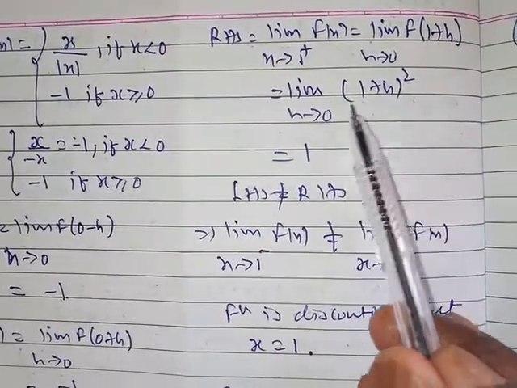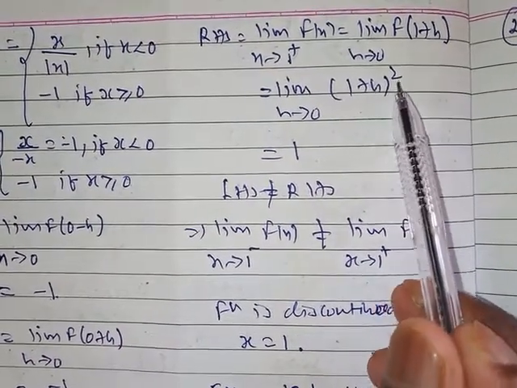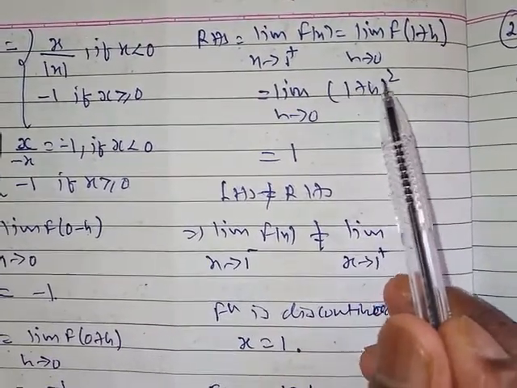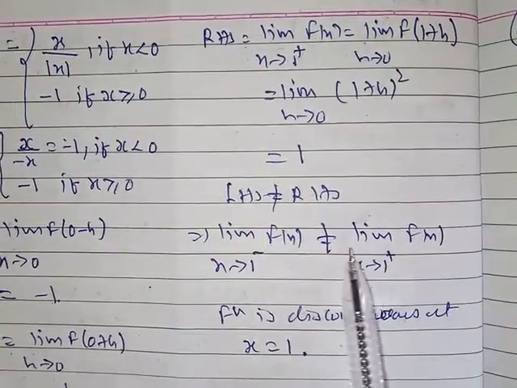Don't open the bracket, just substitute h equal to 0. Then we get 1 squared. What is the value of 1 squared? 1. So we see that LHS is not equal to RHS.